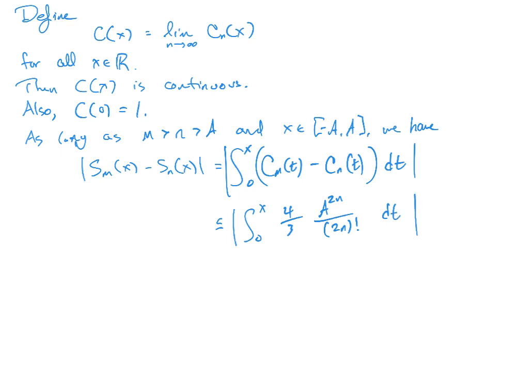Now, you see we're integrating a constant from 0 to x. And the absolute value of x is at most a. So the absolute value of this integral is at most what we get when we put in one more a.